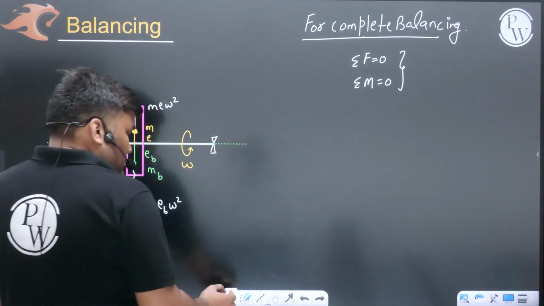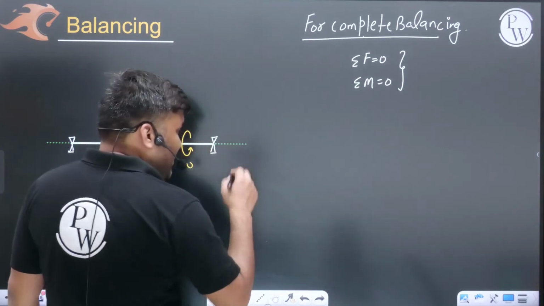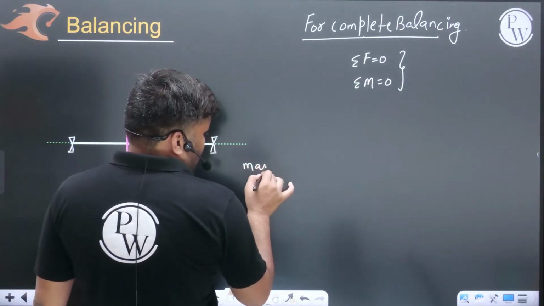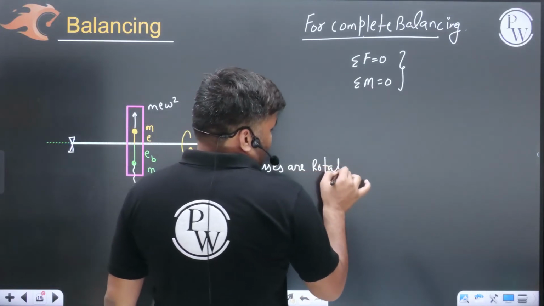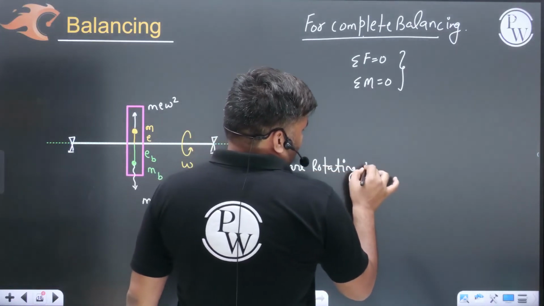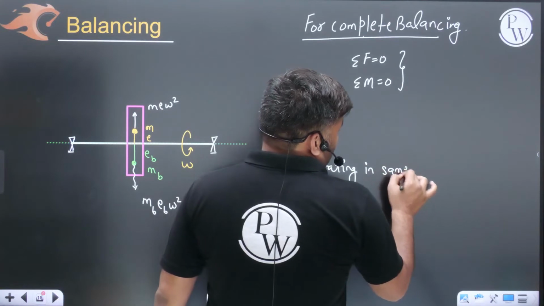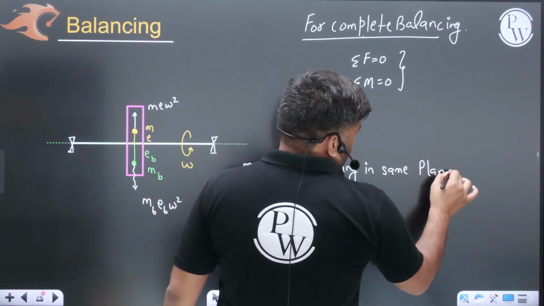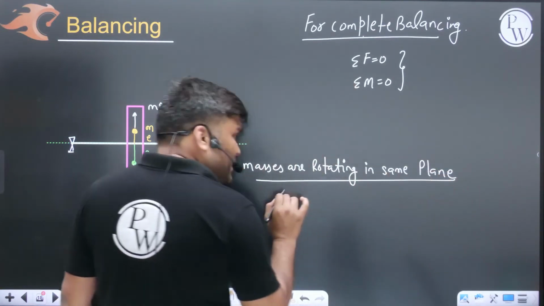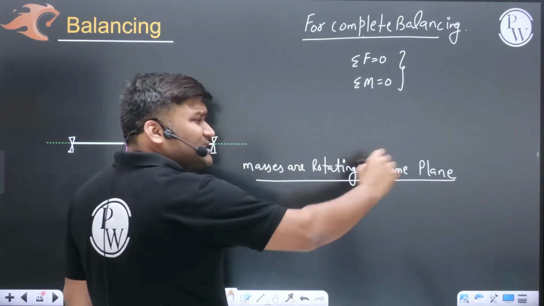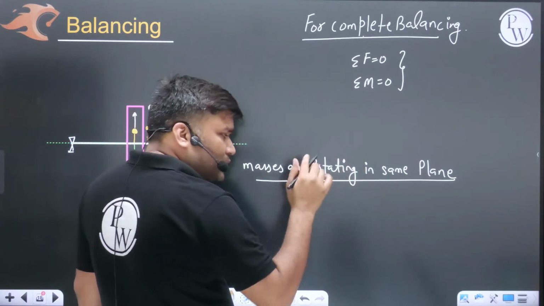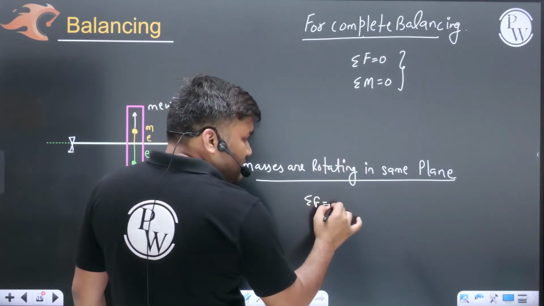Let me write: if masses are rotating in the same plane, careful, in the same plane, then just check that the summation of forces is 0 or not. Make the summation of forces 0.